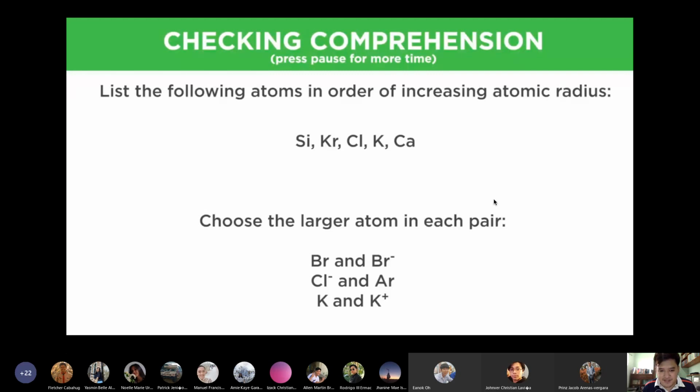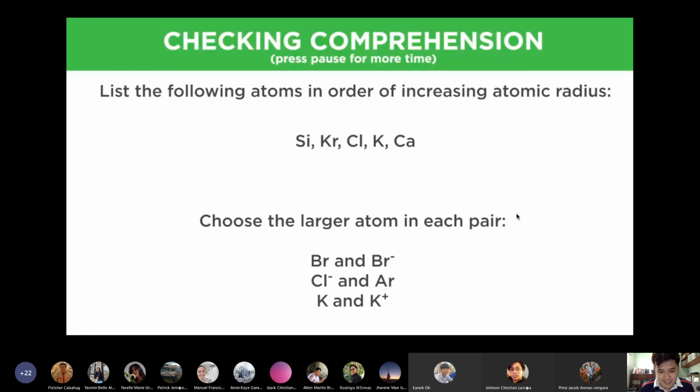And then which one is the larger atom? Let's check between Br and Br minus. As we said, anions have greater atomic radii than their neutral counterparts. So for this first item, we choose Br minus. This one, Cl and Ar, belongs to an isoelectronic series. The one with the bigger atomic radius is Cl minus, because as we said, for an isoelectronic series, increasing atomic number means the radius becomes smaller.